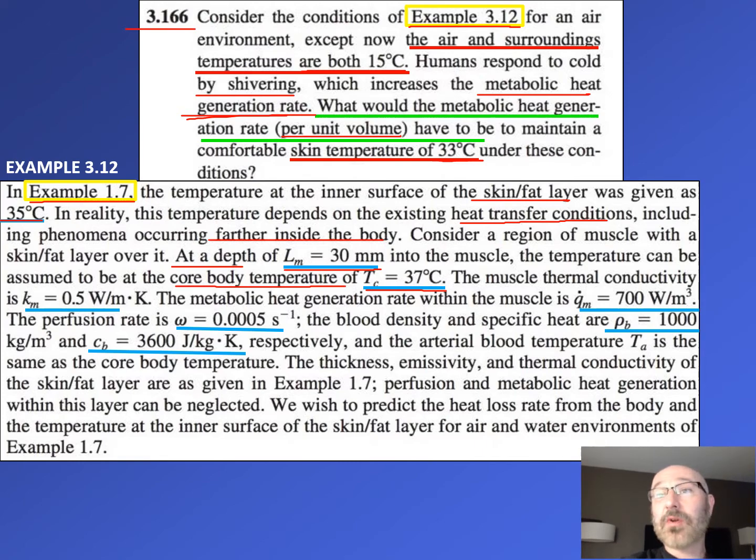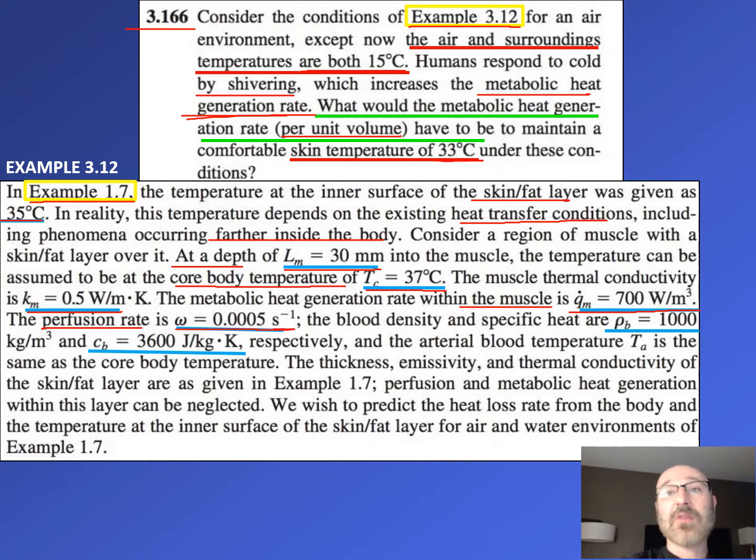Now the muscle thermal conductivity is given to us as K sub m, m for muscle, equal to 0.5 watts per meter times Kelvin. The metabolic heat generation rate within the muscle is given as Q dot sub m equal to 700 watts per meter cubed. They also tell us that the perfusion rate omega is equal to 0.005 in units of inverse seconds.